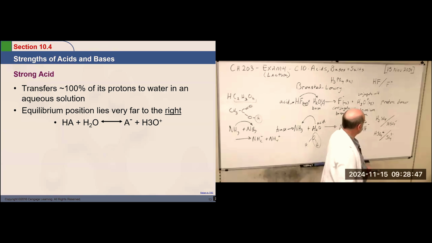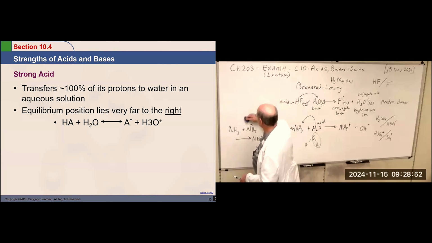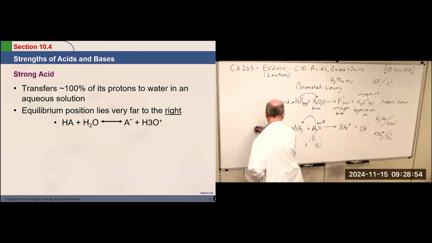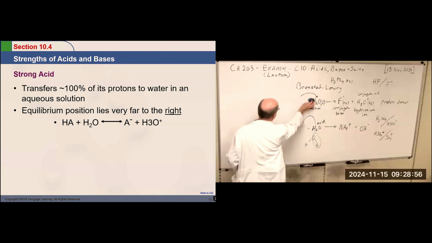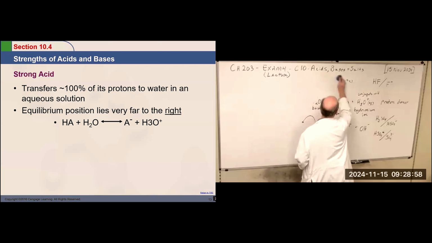Okay. Now, the chemical definition for strong versus weak.